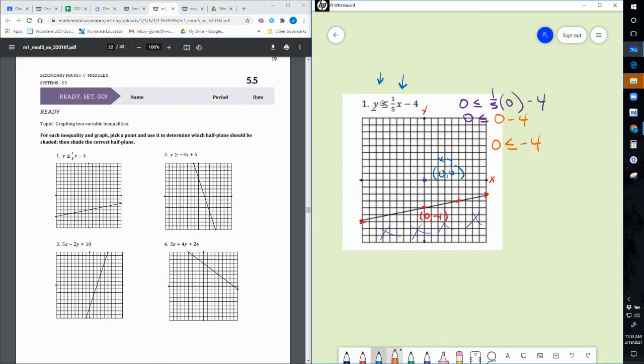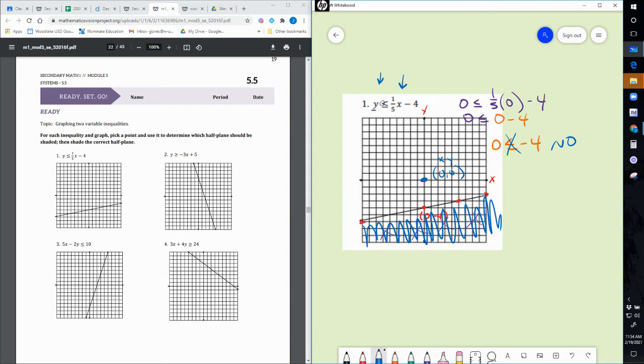Is 0 less than or equal to negative 4? Is 0 less than negative 4? Hopefully you say no. No, it's not. Okay, so that means that if I plug in a point and the inequality doesn't work, that means that this point is not in the shaded region, which means the shaded region must be any point on this side.